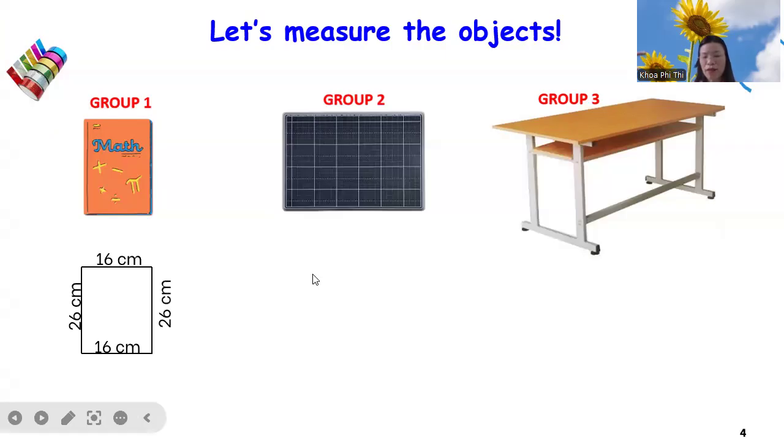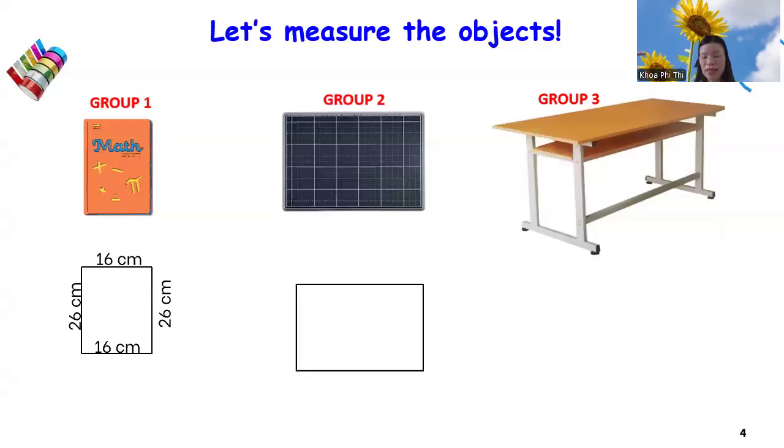And now for the handboard. I'm going to draw a rectangle for the handboard here. Group 2, please. What is the length of the handboard? 30 centimeters. Very good. And the other side is 30 centimeters.